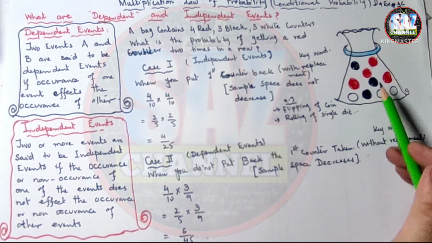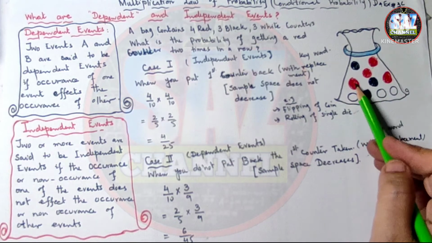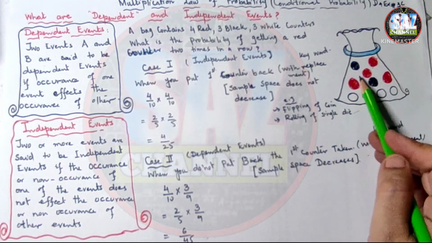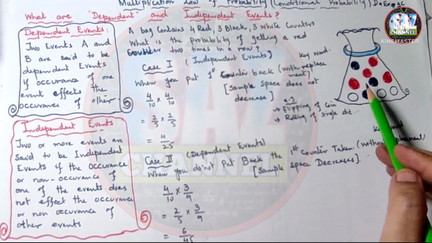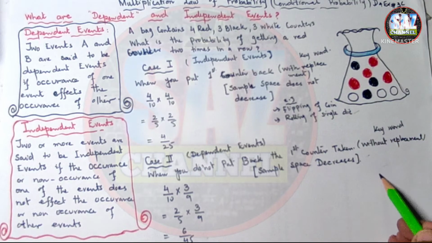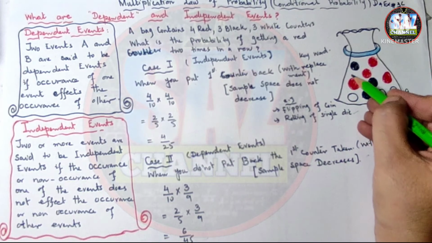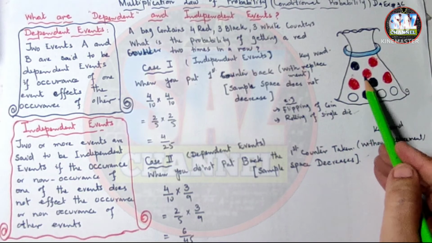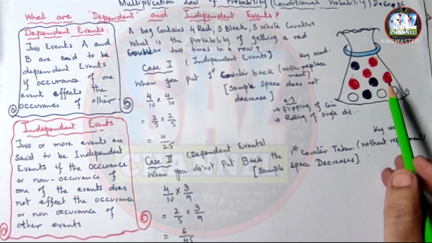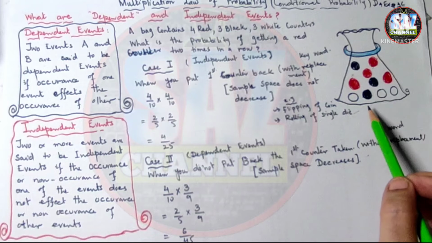So when we pick up the first red counter, the choices of the red counter will be 4 out of the total, which is 10. And when we have selected this red counter and are not putting it back, suppose this red counter is excluded. Now there will be 3 red counters in the bag and the total will also be 1 less than the original total.